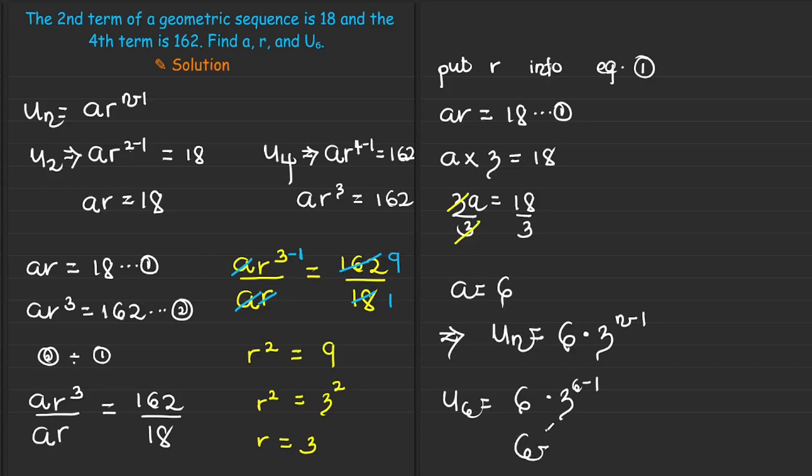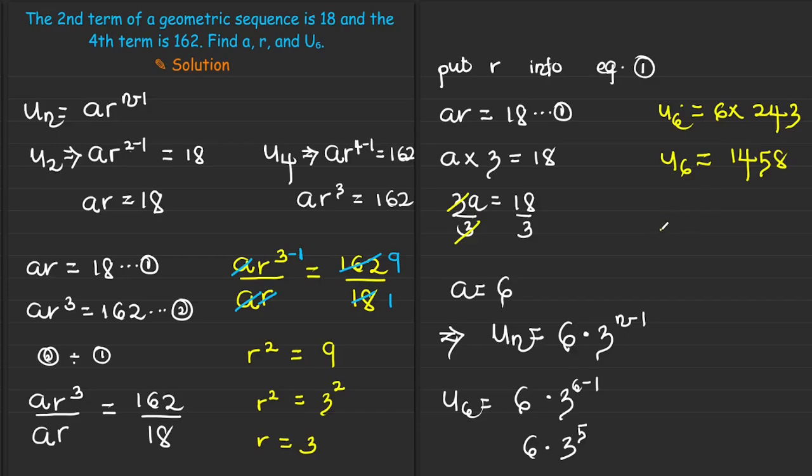Evaluating further, we have 6 times 3 to the power 5. 3 to the power 5 gives us 243. So multiplying 6 by 243, we have 1,458 as our sixth term.